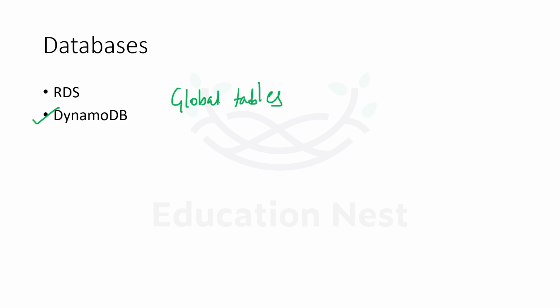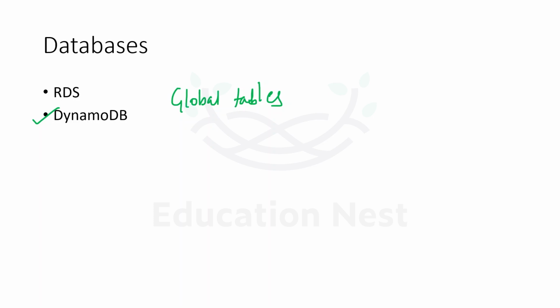Global tables is basically creating the tables in multiple regions. It is a fully managed multi-region, multi-active database that replicates your DynamoDB table. So you have to select the regions in which you want to create this replication of your database.